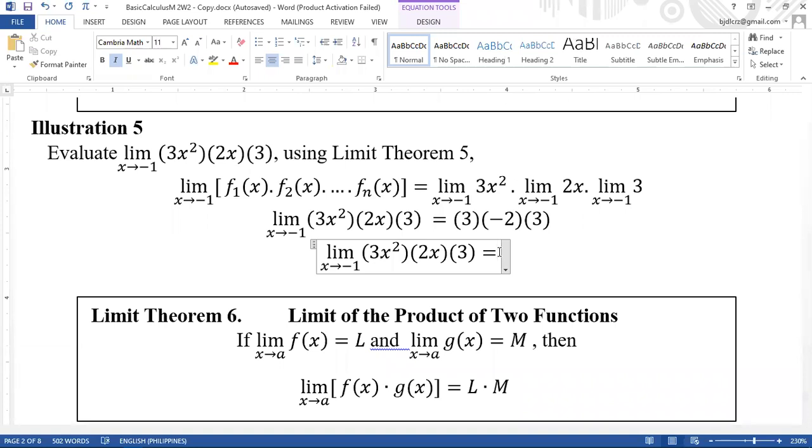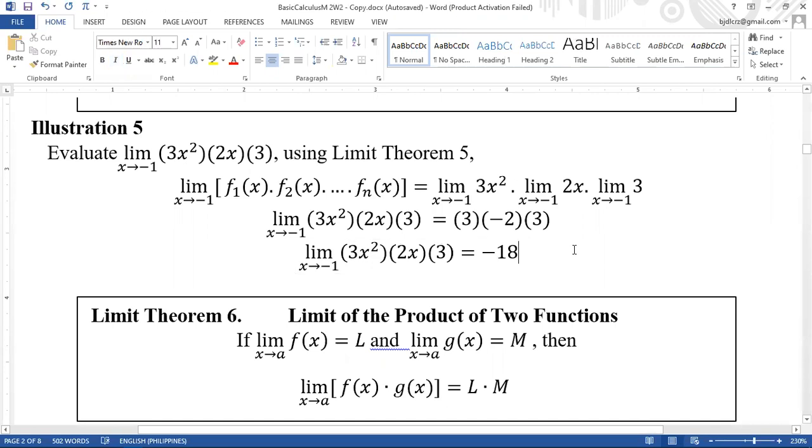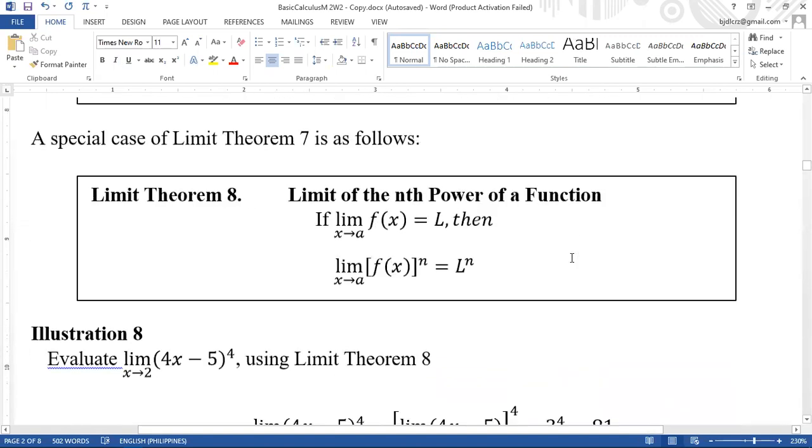Okay, negative 6. Negative 6 times 3 is 18, so negative 18. So that's our sample for limit theorem 7. Okay. Yes, sir. So we proceed to the special case of limit theorem 7.